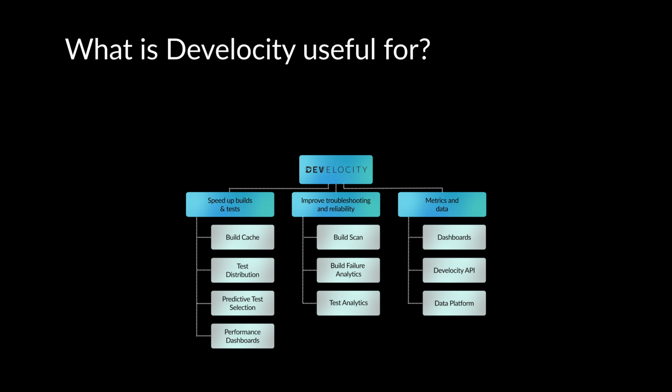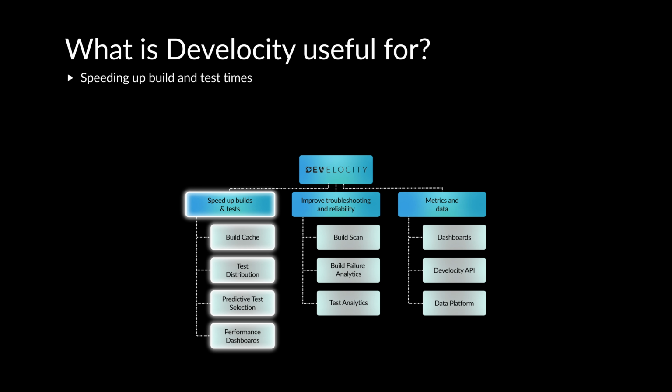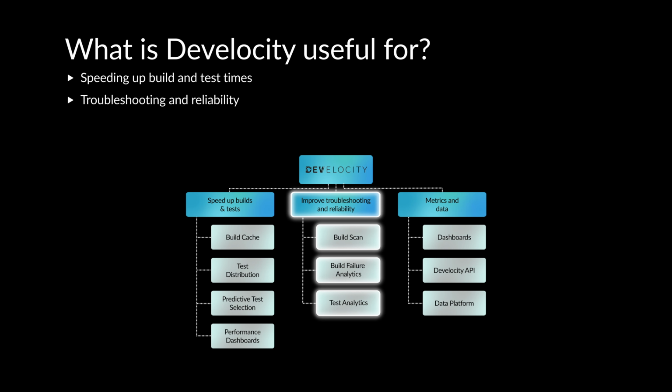In summary, Develocity is useful for speeding up build and test times. The acceleration technologies provide you with faster feedback loops, which leads to less context switching and more productive developers. It's useful for troubleshooting and improving reliability. Using build scans and Develocity to share information about a problem and to collaborate on it can help us fix problems more quickly.